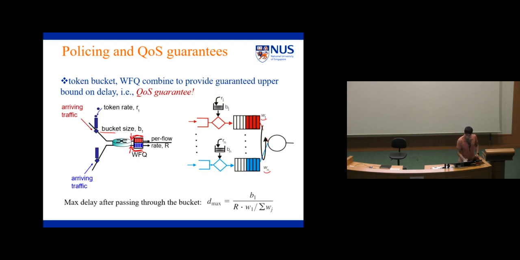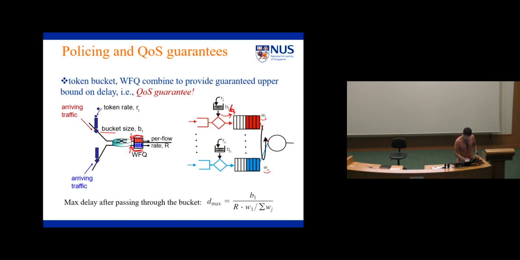So immediately B1 packets are passed here because my bucket holds B1 tokens.